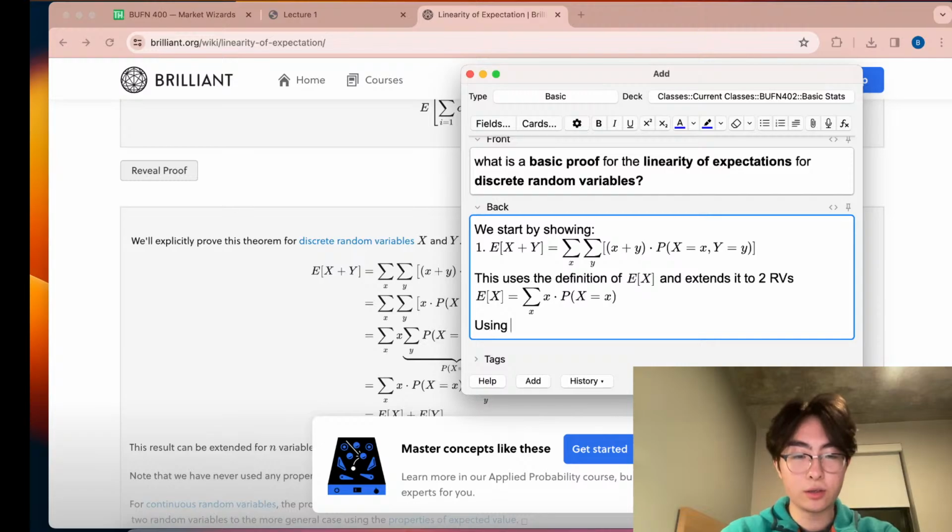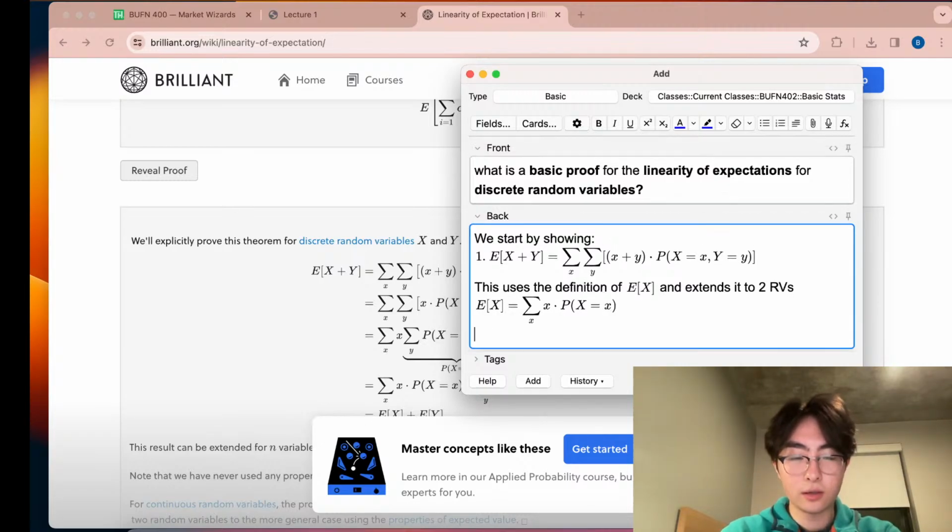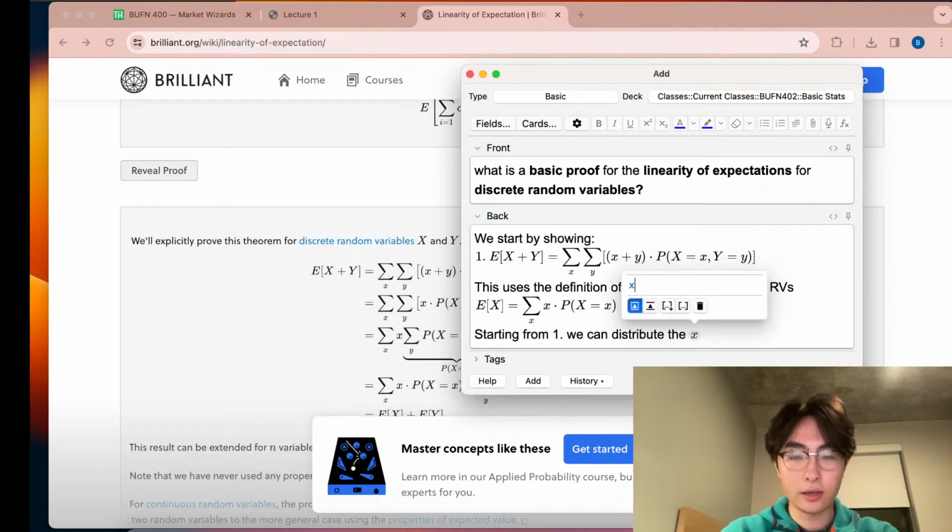So using 1, starting from 1, we can distribute the x and y.